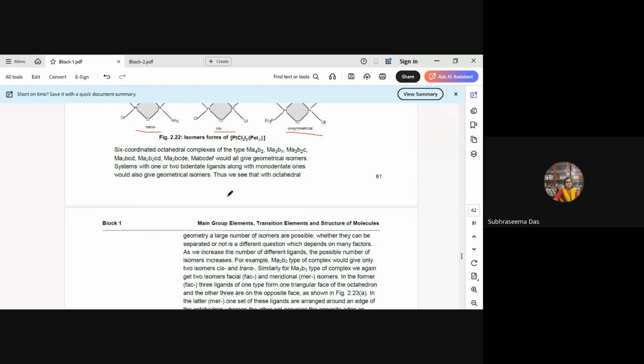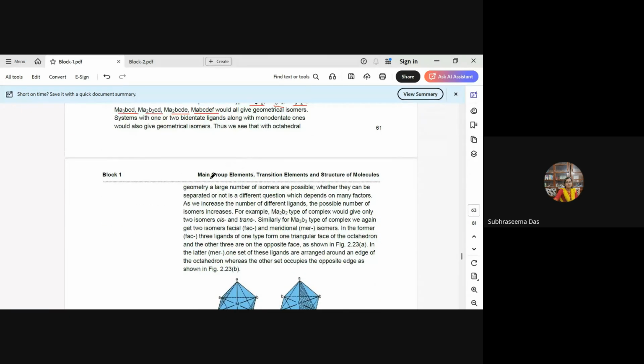Then we will talk of six-coordinated octahedral compounds. We know octahedral compounds are six-coordinated, so they may be of different types like MA4B2, MA3B3, MA3B2C, MA3BCD, MA2B2CD, and MA2BCDE, or MABCDEF, that is, six different ligands attached to the metal. With an octahedral geometry, a large number of isomers are possible.